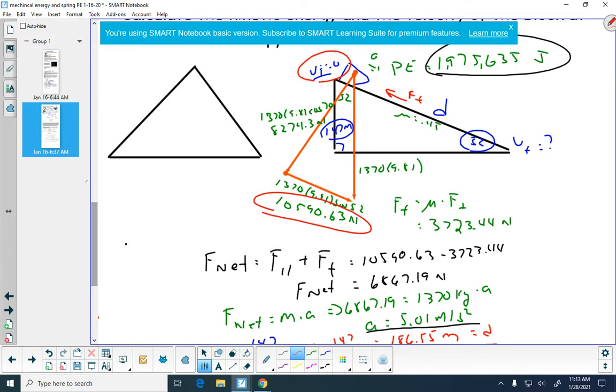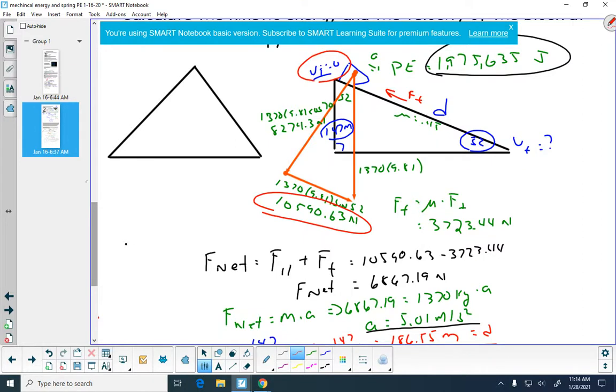In absence of friction, the energies would be the same. If this was an icy slope, then the kinetic energy at the bottom would be the same as the potential energy at the top. But since we have friction, energy, as we talked about the other day, will not be conserved when you have non-mechanical energy.